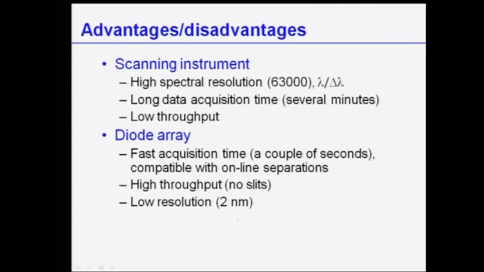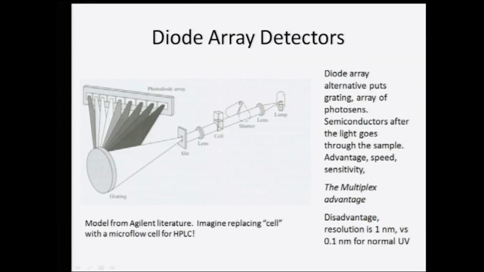So if you want high resolution, you have to use scanning instruments. If you want fast, high throughput instruments, you have to go for diode array. Normally people have both in the labs. This is the extended view of the diode array I am showing you. These are the diodes laid there, and after the radiation comes from the sample, it is detected there.